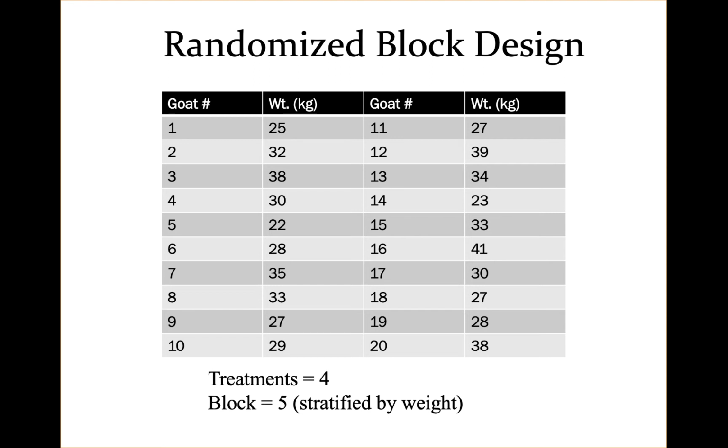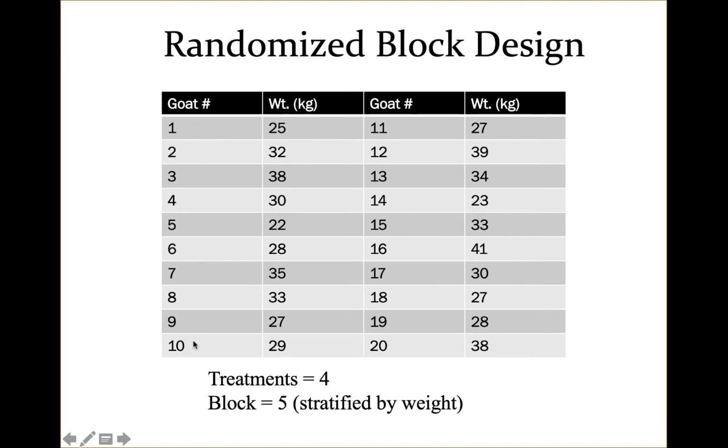Alright, so if we wanted to look at a quick example of a randomized block design scenario, we could do that by looking at this data set here. In this data set, we have 20 individual experimental units. The data is set up in two sets of rows, so we have goat number and weight of the goat.